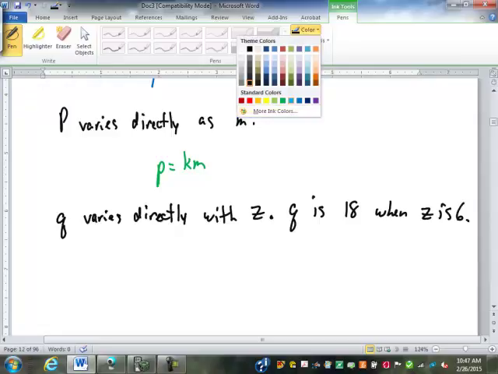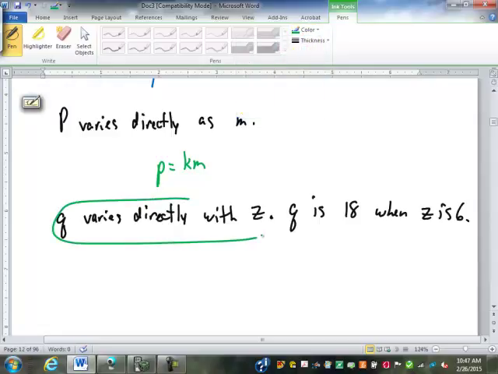Now there's two pieces of information here. Q varies directly with Z means what? Q equals K times Z. Very good.